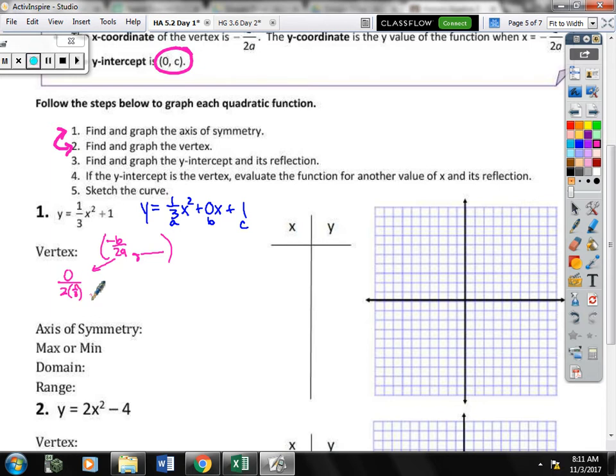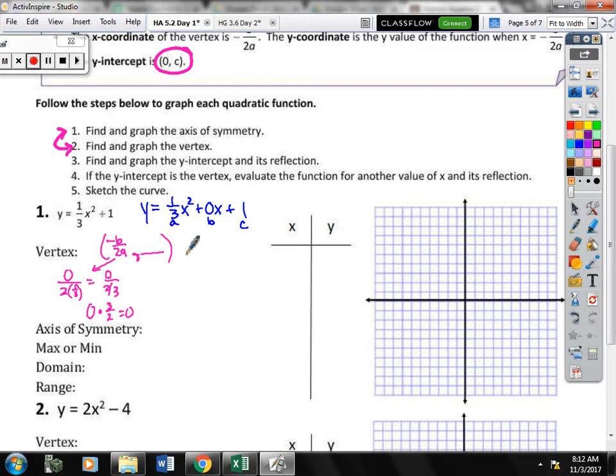Well, 2 times 1/3 will get me 2/3. And 0 out of anything is still going to be 0, but just to show you, if you were not to have a 0 up top, you would want to change this division to be multiplication of the reciprocal, which would be 0 times the reciprocal 3/2, which is still going to get us 0.